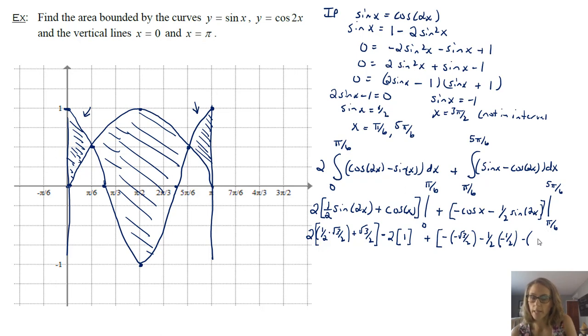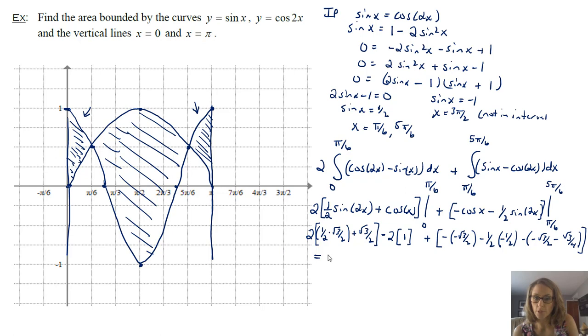Okay, so I'd have that, and then minus what happens when we put in pi over 6. So we've got negative cosine pi over 6. That's going to be a negative root 3 over 2 minus, and then we have sine of pi over 3 when we do 2 times pi over 6. So sine of pi over 3 is root 3 over 2, and then that gets multiplied by a 1/2, so root 3 over 4. Okay. Hoping that that's it.